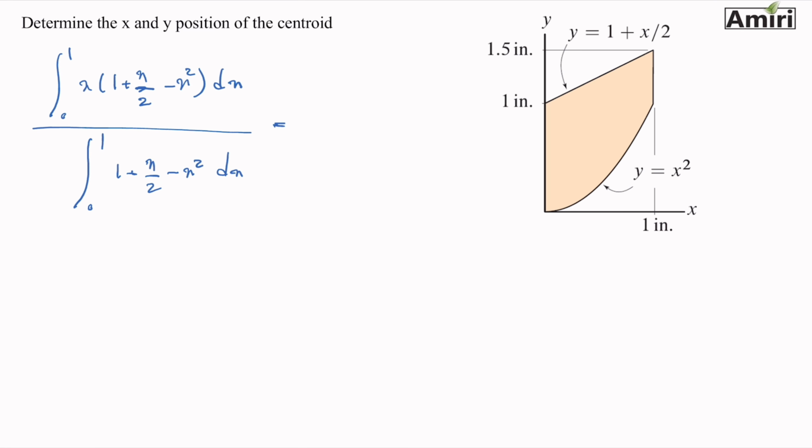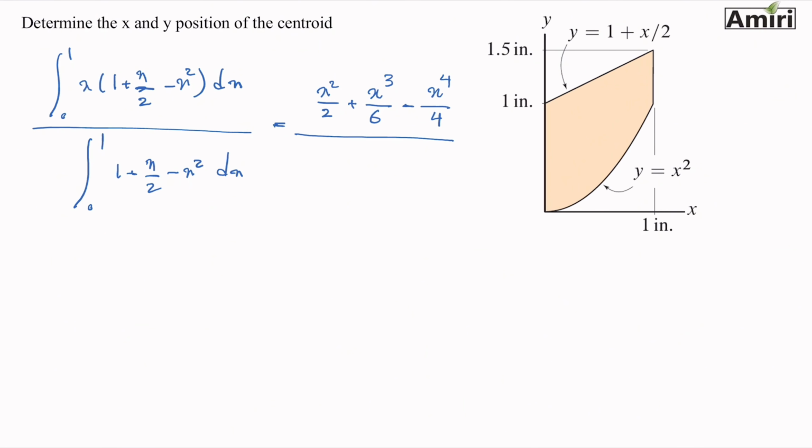So I have x when I do integration, it turns into x squared over 2. Next, I have x squared over 2, so when I do integration, it turns into x cubed over 6, 3 multiplied by 2. And lastly, I have x cubed, which becomes x to the fourth over 4.